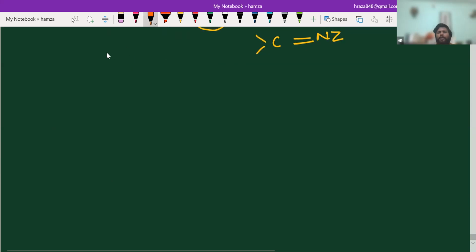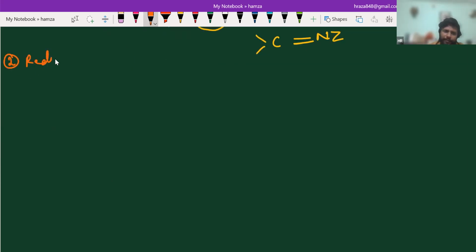Okay, so let's go for the next. These are all interrelated with the previous chapter, chemical properties, this reduction. So we will not take that much time on this reduction. As you can see, for reduction, the first part is reduction to alcohols.